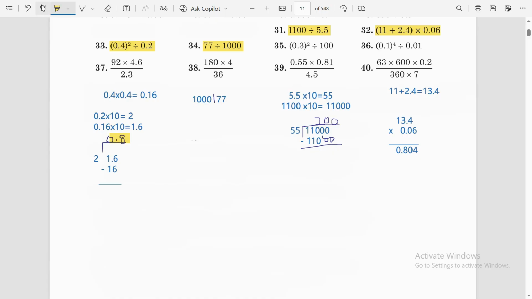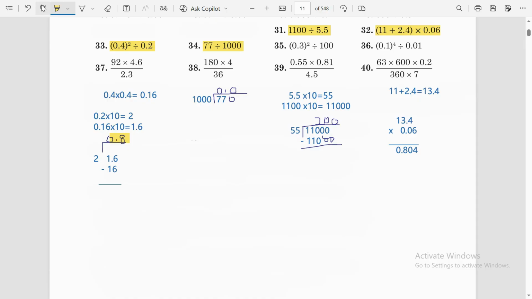Okay, so 77 is a smaller number than the divisor. So we have to put a 0 first of all because we can't solve it. And we'll put a decimal to put a 0 with 77. So 0 point. Now we have put 10, but still it's a smaller number than 1000.